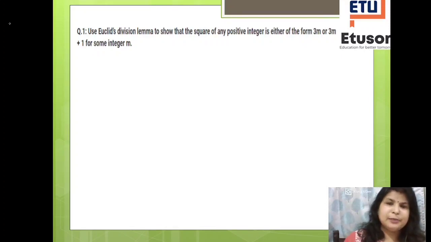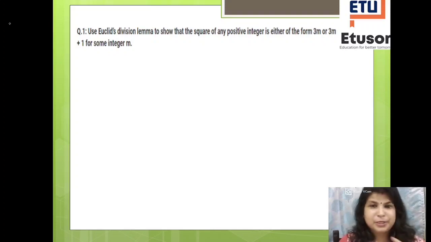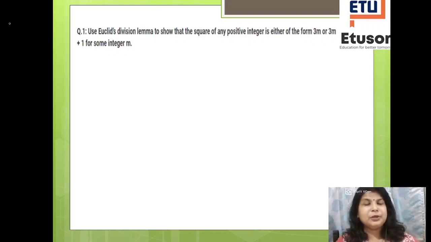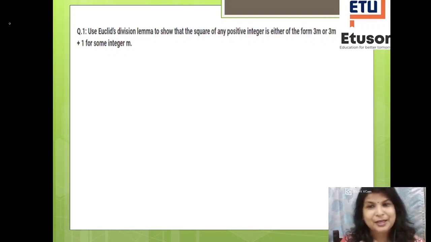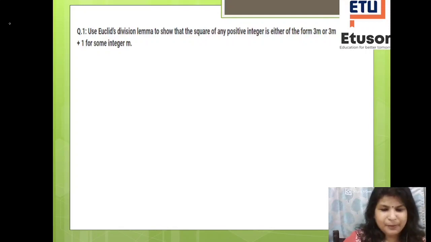It was nothing but the normal division concept where dividend is equal to divisor into quotient plus remainder. Correct or not? So basically we were expressing all the integers, suppose the integer is a, in terms of bq plus r. Hope you remember. So let us implement Euclid's division lemma to this particular problem.